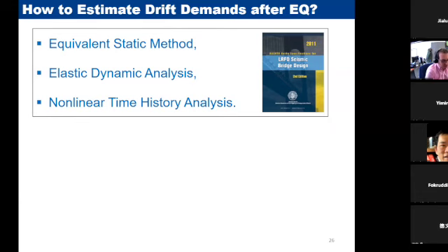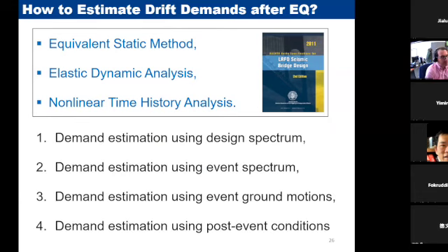What is available to us? We devised methods, following AASHTO, to be able to estimate the earthquake displacement after the event. The first one is to use the design spectrum for the affected site. The second one is to use the event spectrum for the affected site.